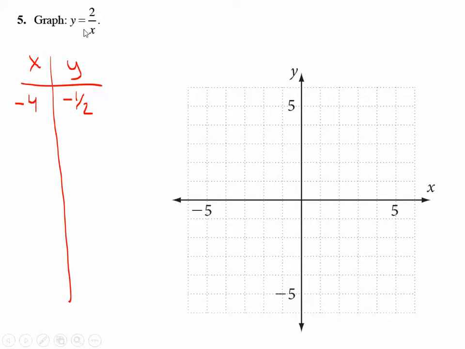If I put a -4 in here, simplifying, that would give you a -1/2. Plug in a -3, then plug in a -2, then plug in a -1, maybe go all the way up to +4, and just see what kind of numbers we get.